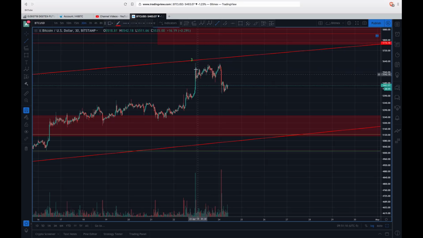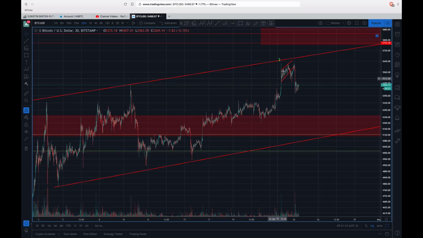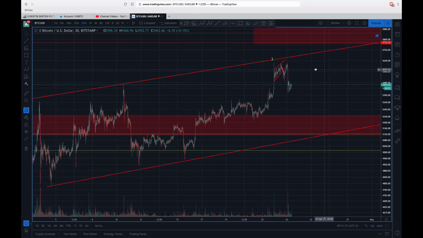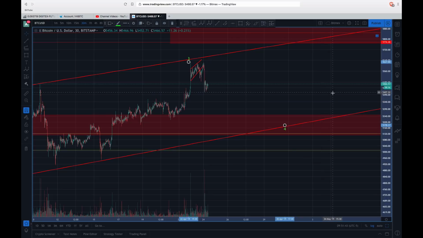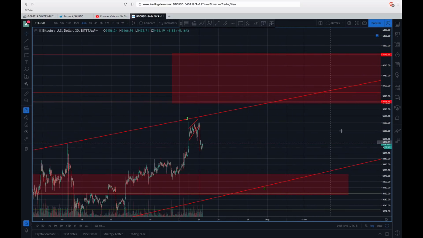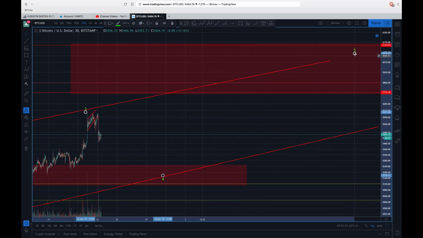What I could see was we had a nice channel forming here as well, and whenever we broke out of this channel is actually when I opened my short, and I had a stop up above here somewhere, because once we broke out of here, to me it looked like we'd finished some kind of subwave, and I thought the probability was decent that we could be coming in for a subwave 4 here before we go up for our 5 that I was showing on the higher time frames.